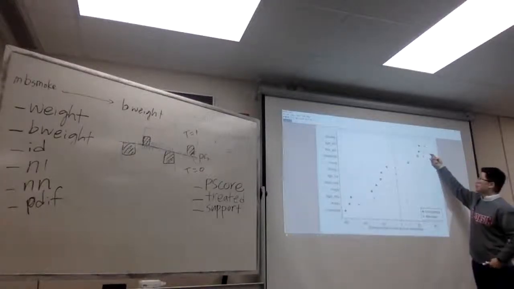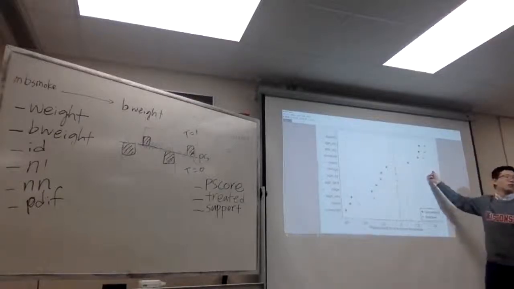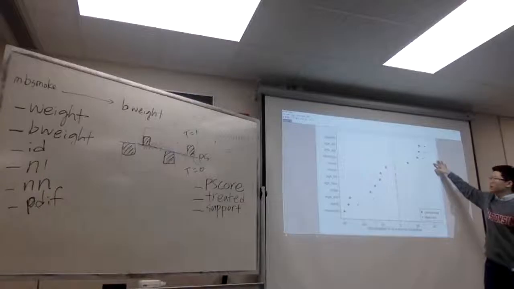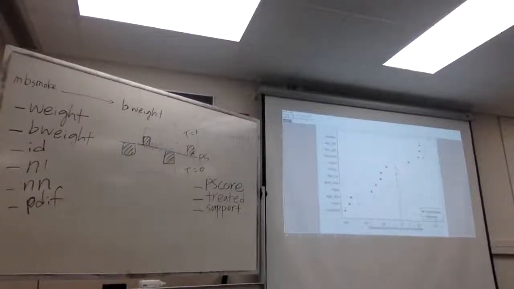Actually, after matching, the imbalance has gotten worse for the variables that were not really used to calculate the propensity scores.